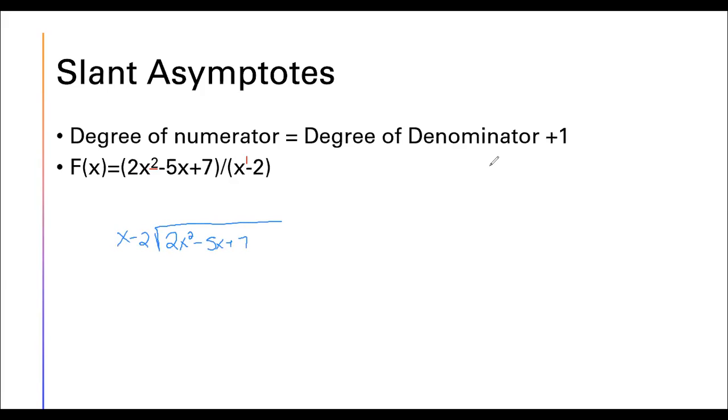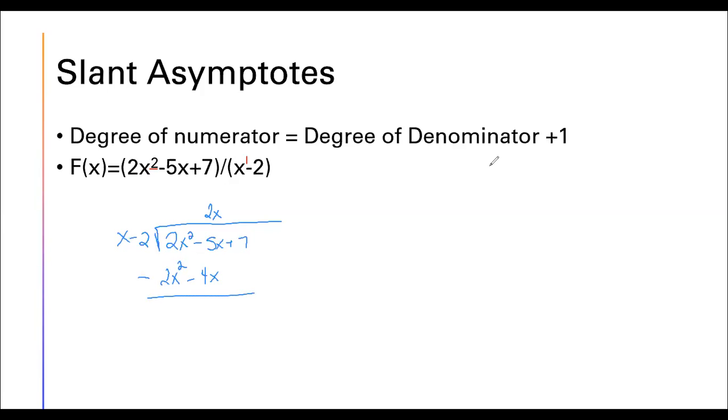So x minus 2 goes into, we're looking at our leading term, 2x squared. So we need a 2x. 2x times x is 2x squared. 2x times negative 2 is minus 4x.